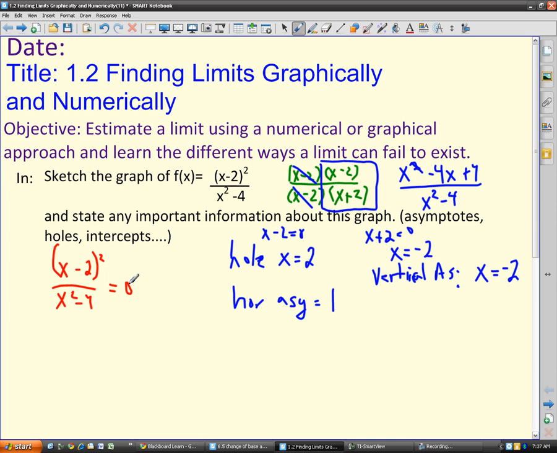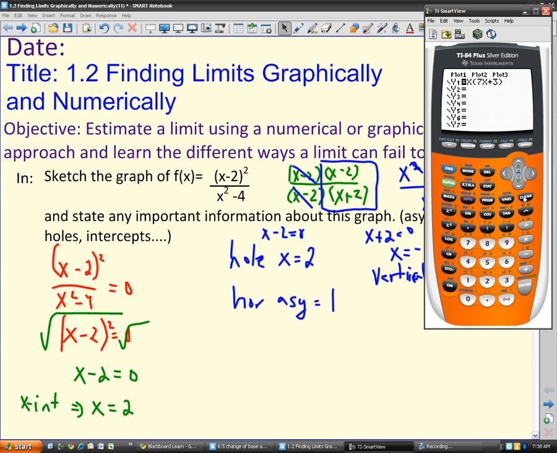So I really have x minus 2 squared equals 0, and if I square root both sides, I end up with just x minus 2 equals 0. So at x equals 2, I'll be crossing the x-axis. These are the x-intercepts. Even though there's going to be a hole there at x equals 2, it's going to look like it's crossing the x-axis there. So let's take a look at what the graph looks like.